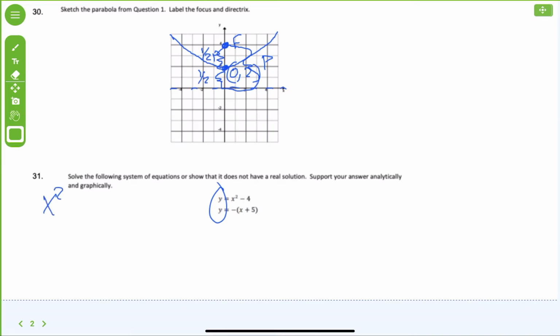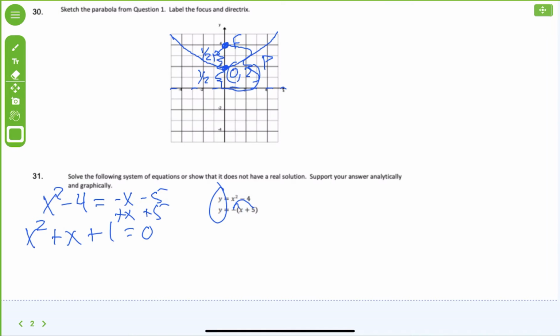That'd be x squared minus 4 is equal to a negative, and I'm going to distribute this negative here, negative x, minus 5. So I could put that as x squared plus x plus 1 if I moved 5 over here, and moved x to this side over here. That's equal to 0.